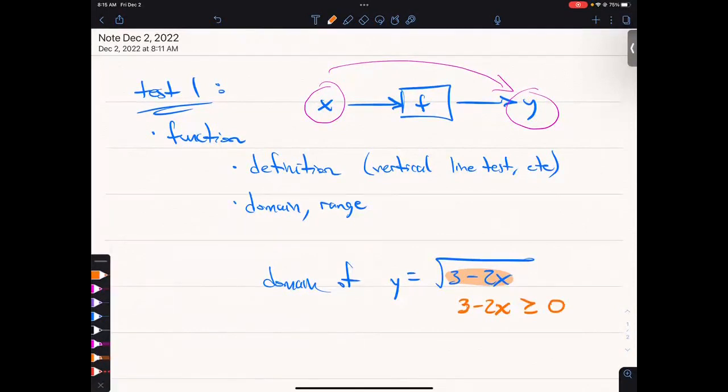So you would just take the inside of that root, set it aside, figure out where it's bigger than or equal to zero, and that's your domain. Similar kind of thing works for a logarithm, right? It'd have to be strictly greater than zero there. For a rational thing with x in the denominator, you can't let that be zero because you can't divide by zero.